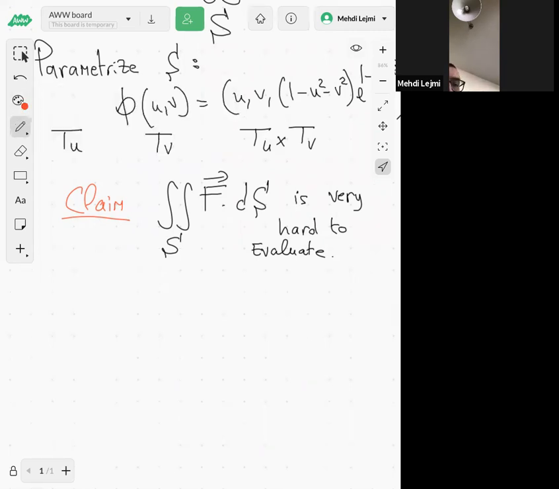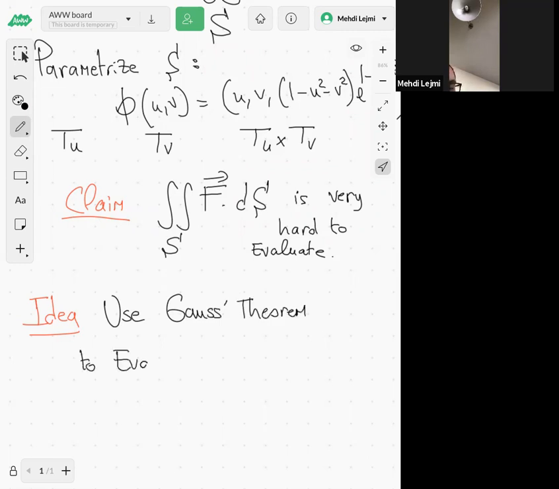So the idea now is to use Gauss theorem to evaluate the flux of f across S.